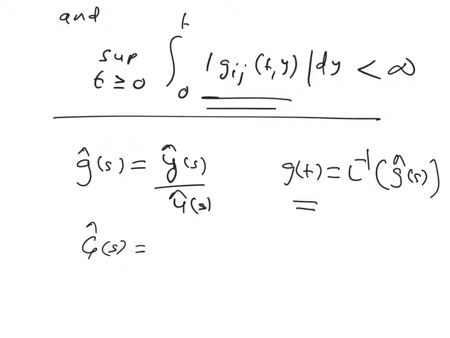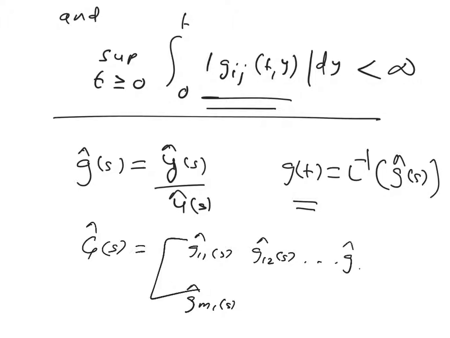If your system has multiple outputs and multiple inputs, this will be a matrix. This will be g11 hat(s), g12 hat(s), and so on up till, so there will be m outputs, m1 hat(s), and there will be k inputs, right? So g_mk hat(s), and g_1k hat(s). So there will be m times k transfer functions if it is a multi-input, multi-output system.